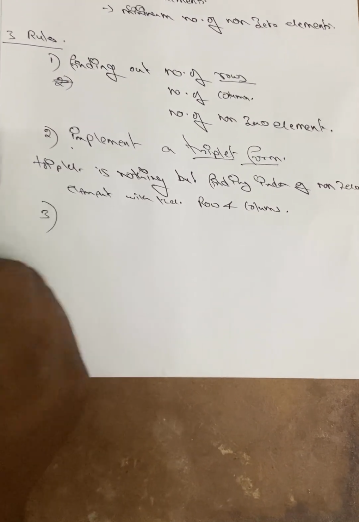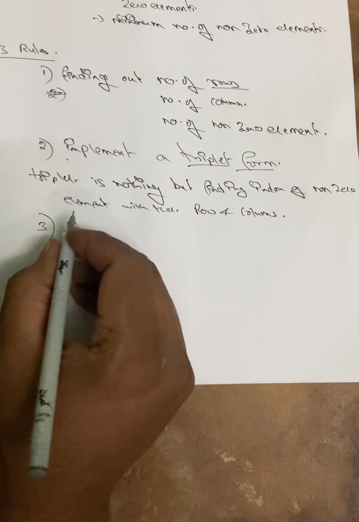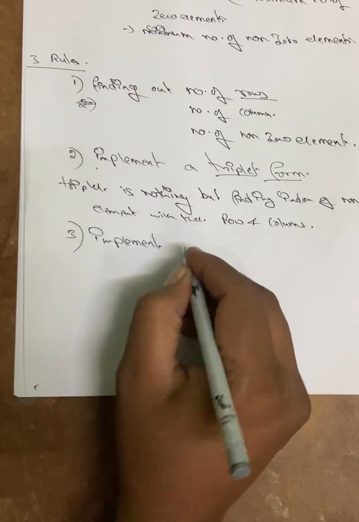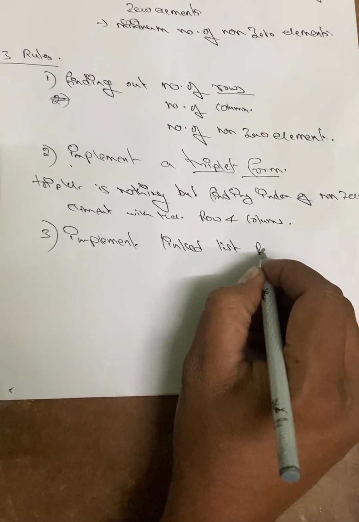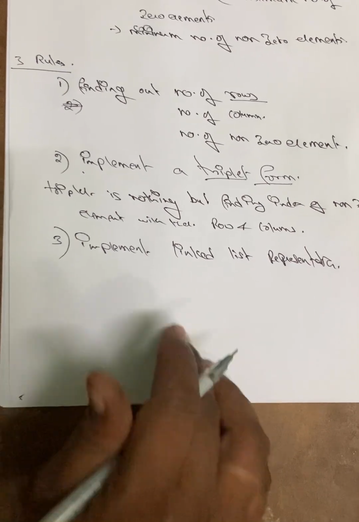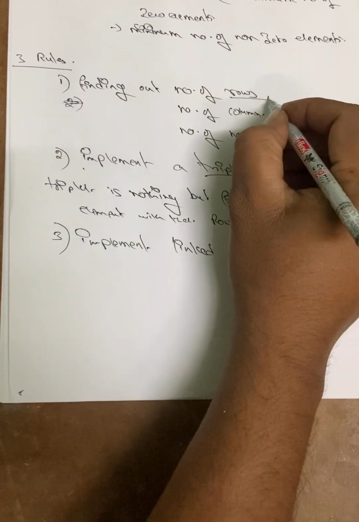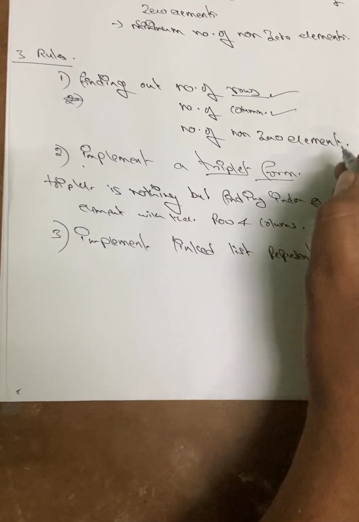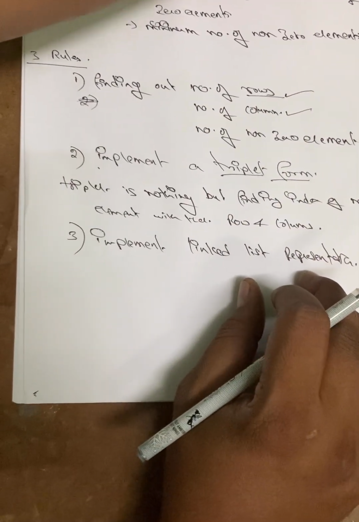And the third rule is, from the given triplet form we are going to implement linked list representation. So three rules to remember. First rule, finding out number of rows and columns, and number of non-zero elements.